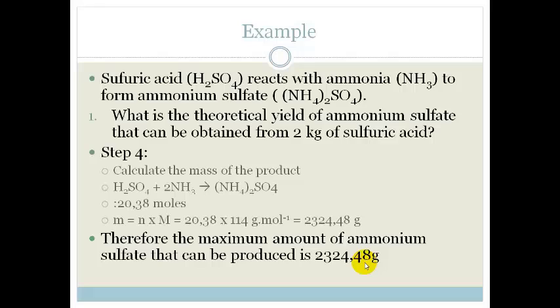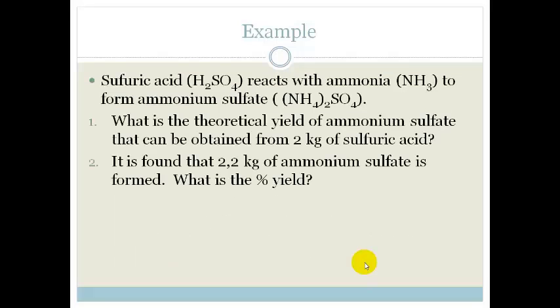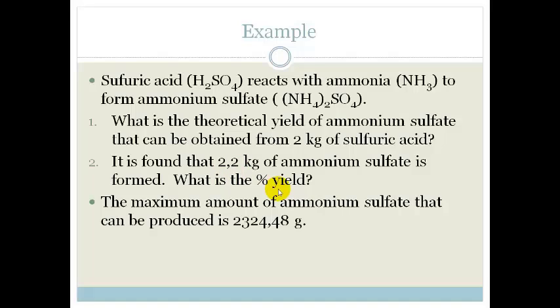Right. Now let's look at question 2. Question 2 says we didn't get that full 2,320 odd grams. We only got 2.2 kilograms. And they want to know what is the percentage yield. But remember, the maximum amount we got was 2,324.48 grams.